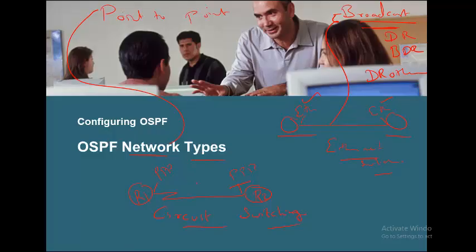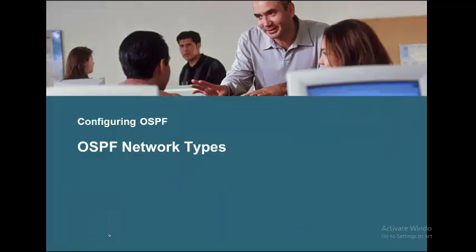I just said circuit switching, Ethernet switching. There is also packet switching, a packet switching protocol in layer 2. Ethernet switching is the Ethernet protocol. Circuit switching is PPP or HDLC. Now, what is packet switching?